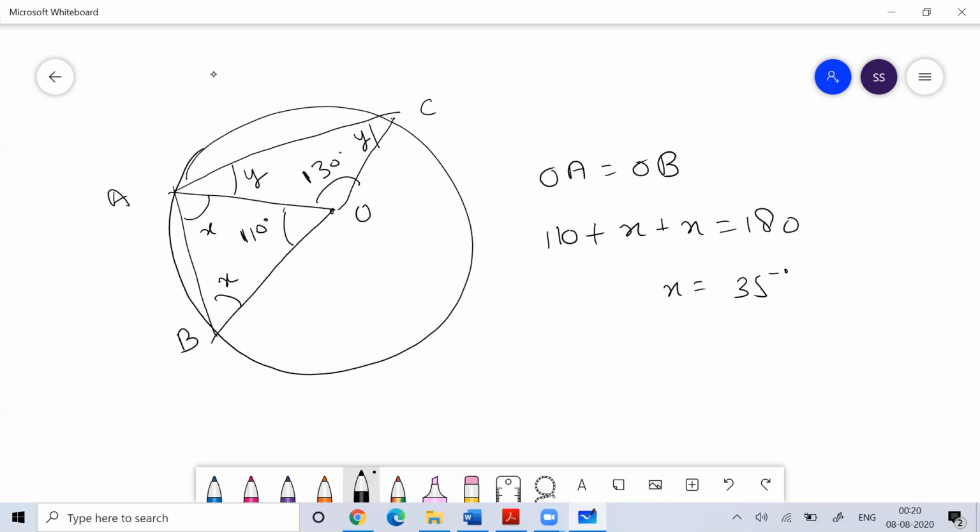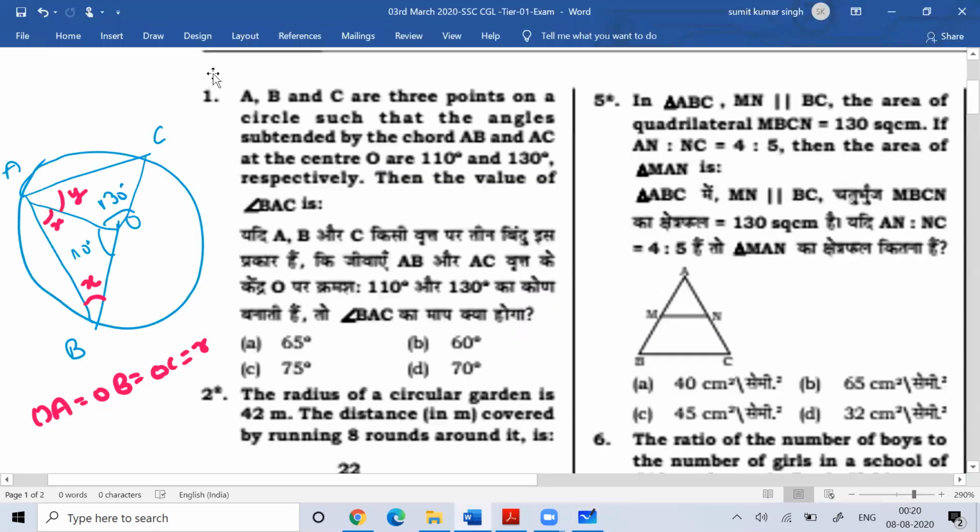So the value of angle Y would be 180 minus 130, that is 50, divided by 2, so Y equals 25 degrees. So the value of angle BAC will be equal to 60 degrees.